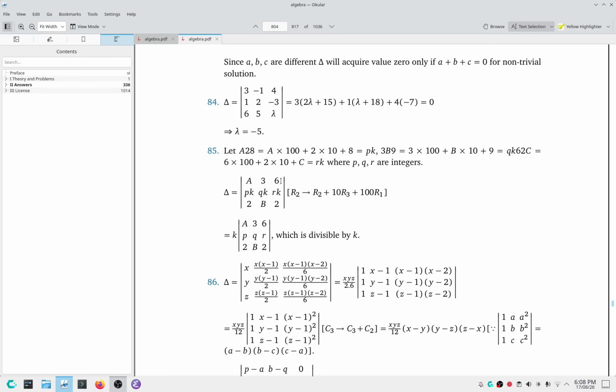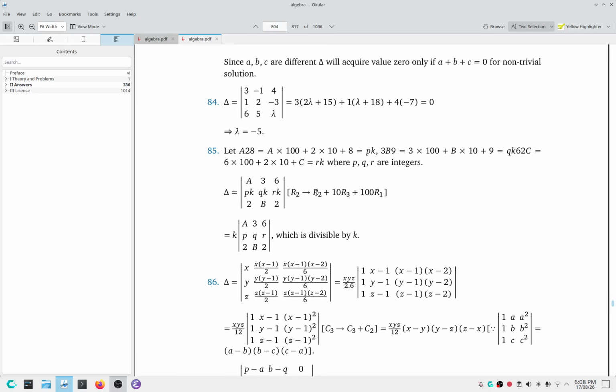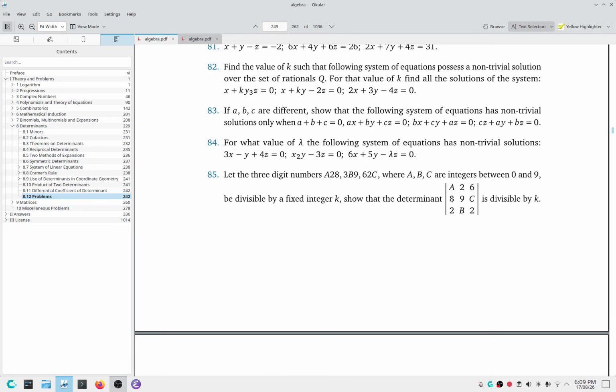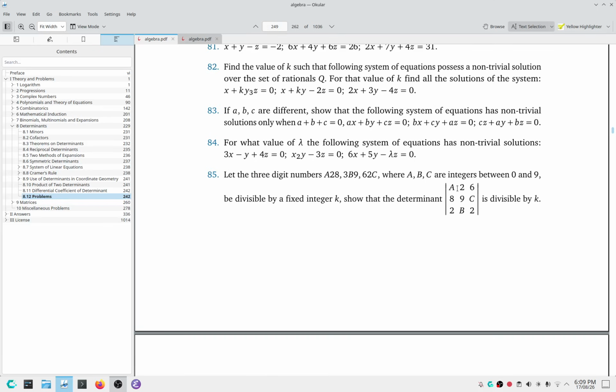Okay. Now once we have that, we evaluate this delta. So what we do is R2 becomes R2 plus 10 R3 plus 100 R1. So if you see, this is A28, so A times 100 plus 2 times 10 plus 8. And then this should be 3.